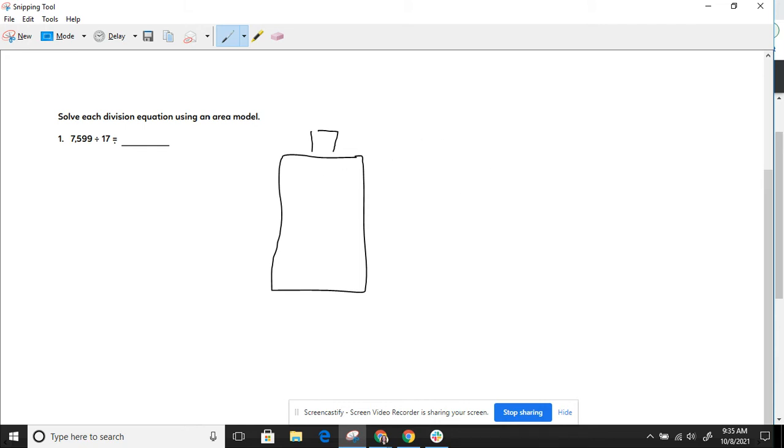And then I'm going to write this problem out, 7,599 divided by 17, on the side.